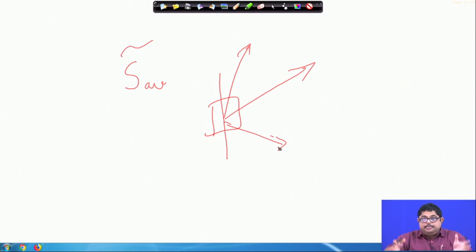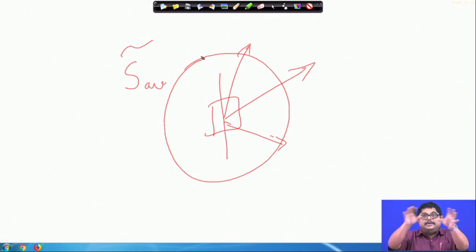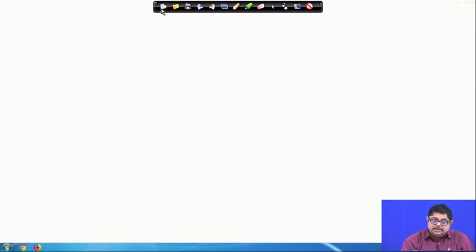So, what is the total of this radiation? We can think that we will have a closed spherical surface enclosing this current element, and then we integrate this S average there, because it will come out of this area. So, over the whole surface area of the sphere, if we integrate, we will get the total power. So, we can say that the total power radiated will be a closed surface integral.